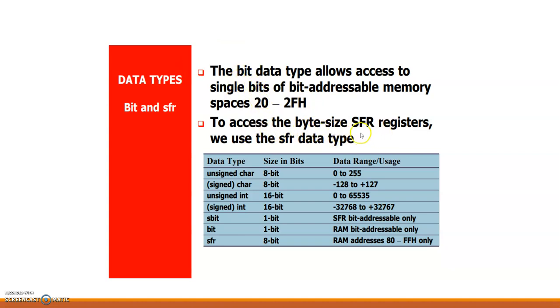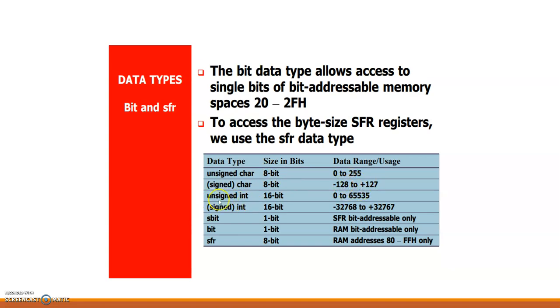For bit-sized special function registers and byte-sized special function registers, we use the SFR data types. It is 8-bit. For bit addressable SFR we use sbit, and for byte-sized SFR registers we use sfr as the keyword. These are the different data types: unsigned char and signed char are 8-bit data types, and the range of values is given here.